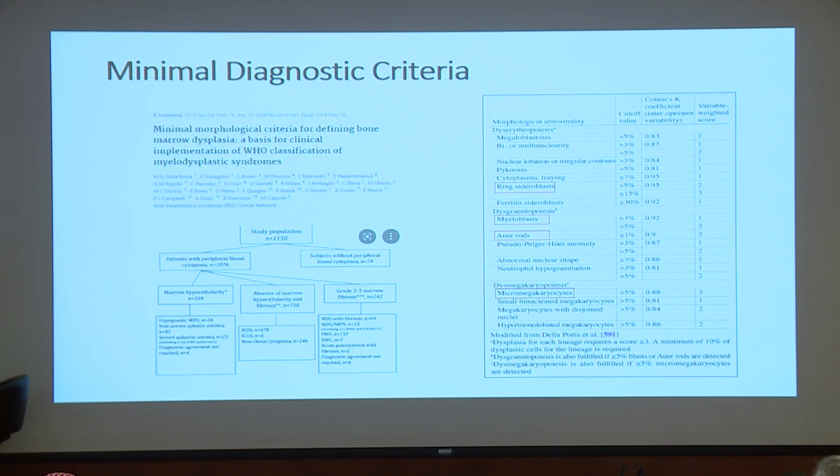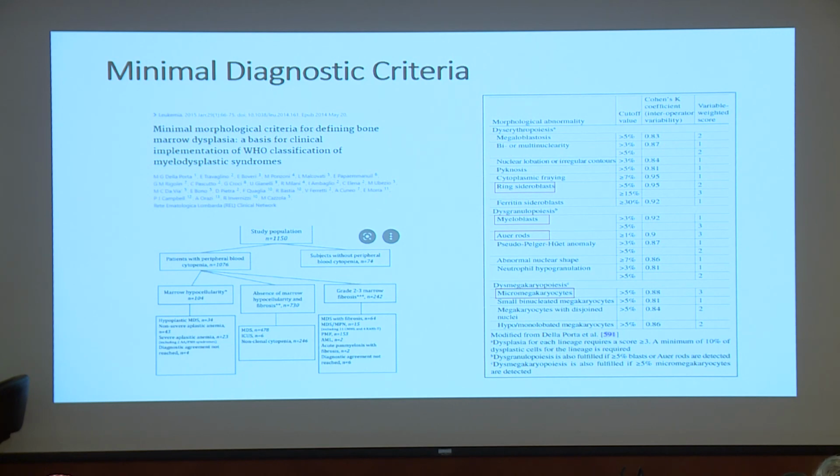Then they assessed the discriminating power of each feature, giving a weight for different morphological features, and they used something called the kappa coefficient, which is inter-observer agreement, and they found more than 90% agreement between the pathologists.